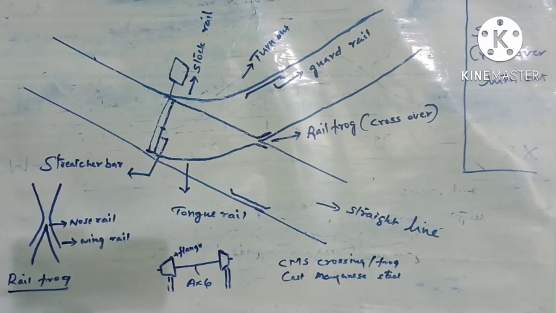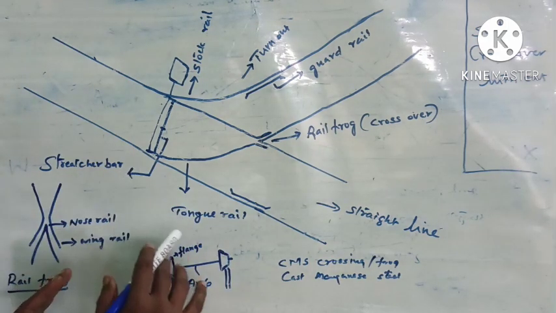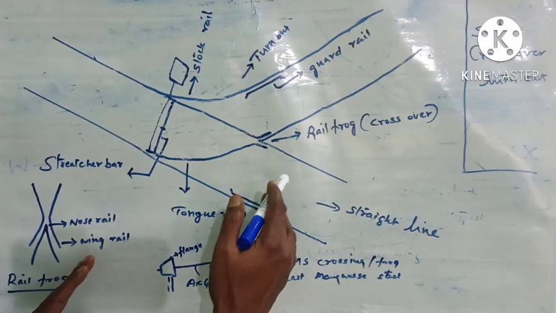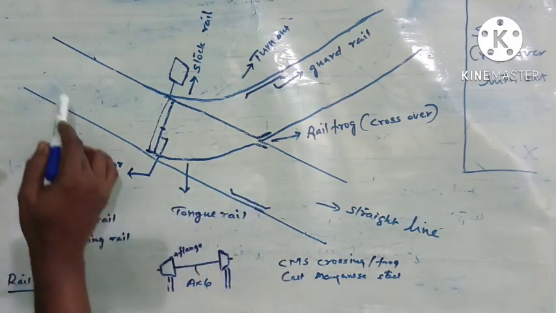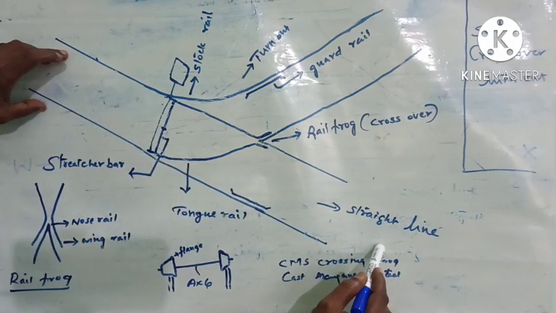We have mentioned this term points in several places in the earlier videos. That is points set for main line, points set for loop line, etc. So now we will see the points in detail and also the allied mechanism. Here you can see there is a straight line, that is the straight track.